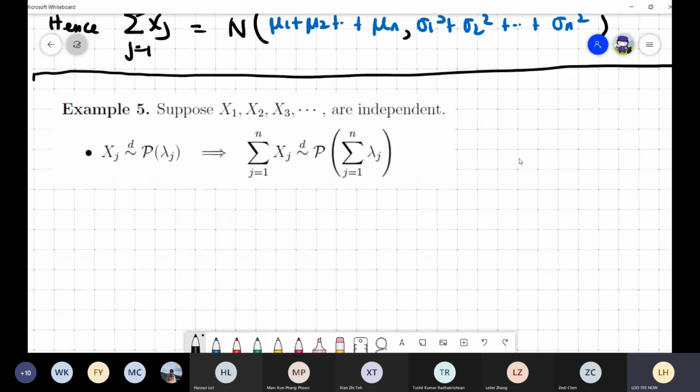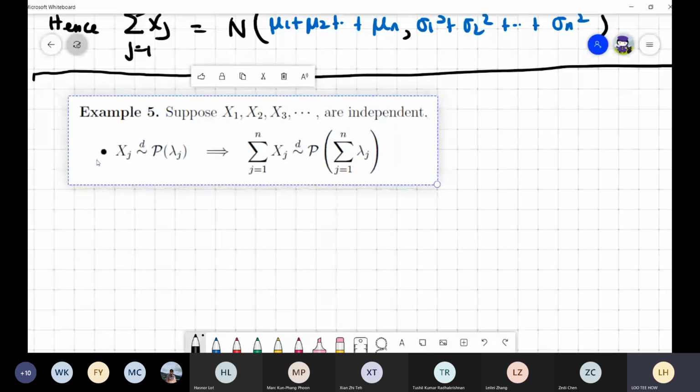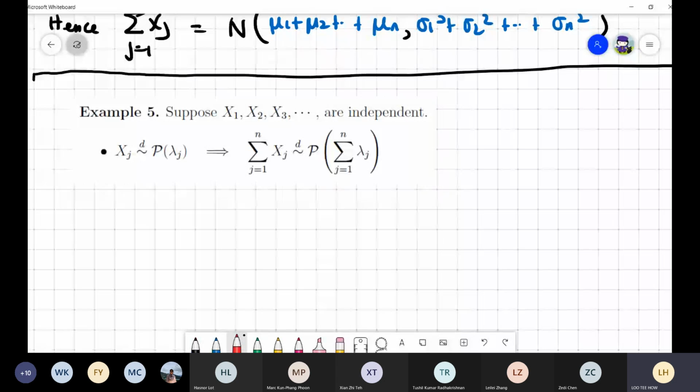Suppose x1, x2, and so on are independent, and each xi has a Poisson distribution with mean lambda i. Then the sum of all these xi also has a Poisson distribution, with mean equal to the sum of all the lambda i. So this is a discrete case.